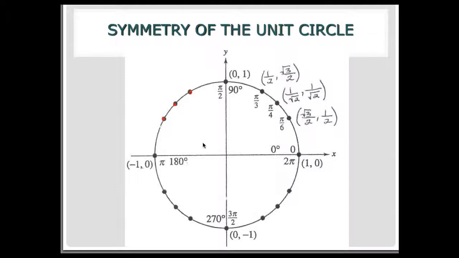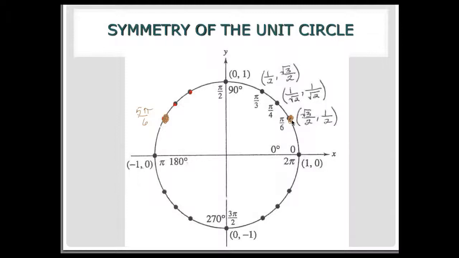So for instance, this point over here, this one right here, that's going to be 5 pi over 6. It's 5/6 the way around to pi. That's going to be symmetric to this point over here.